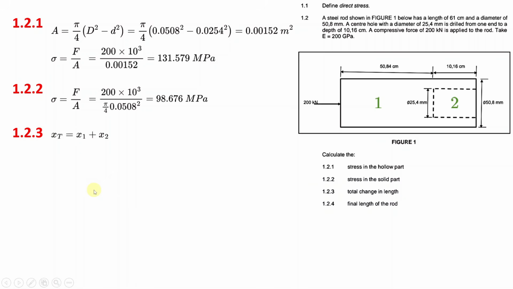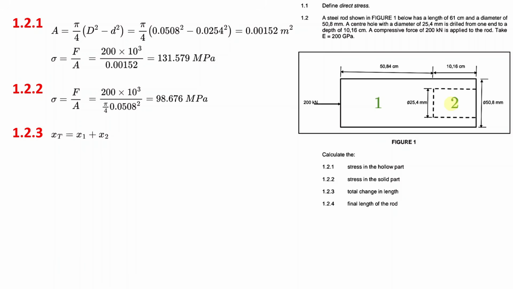So the total shortening xt is going to be equal to x1, which is the shortening of 1, plus x2, which is the shortening of 2. Okay, because as this force is applied, this first part is going to become short by a certain amount, and the second part of the object is also going to become short by a certain amount, but it's not going to be the same amount.